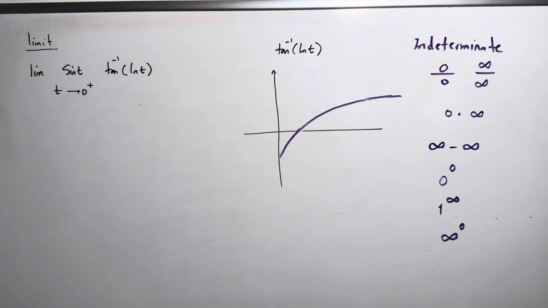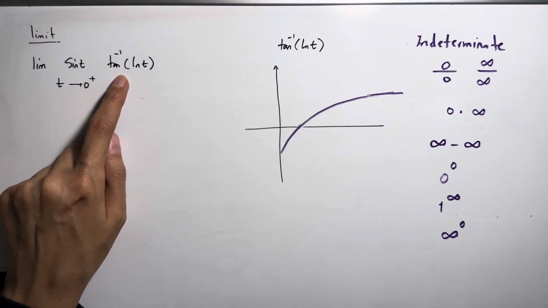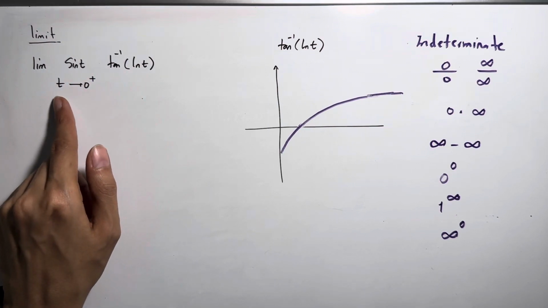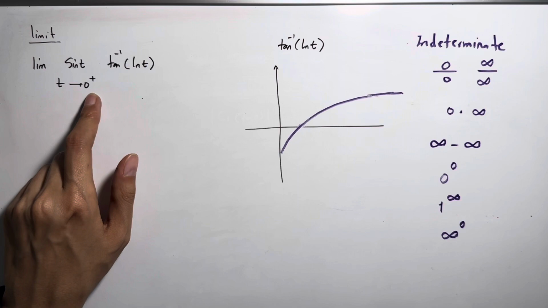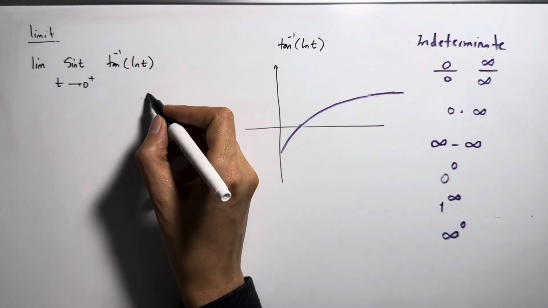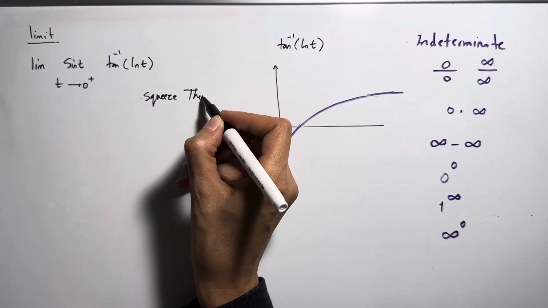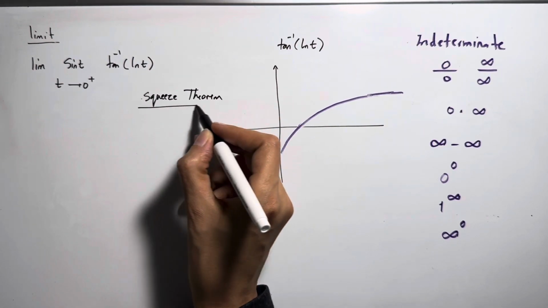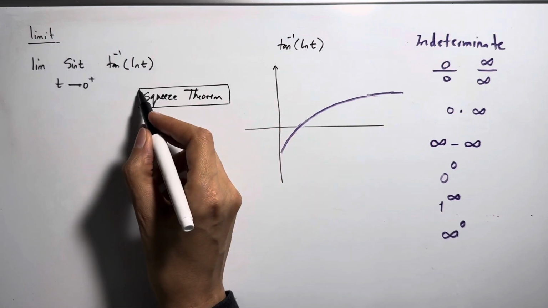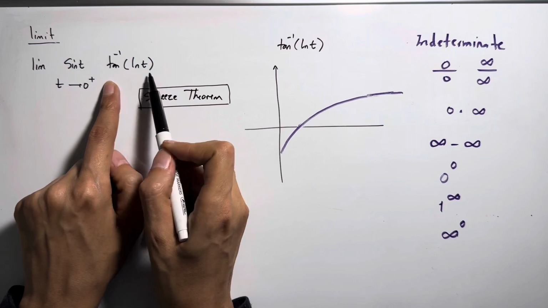Next limit is the limit of sine t times inverse tangent of ln of t as t approaches 0 from right hand side. We're going to apply squeeze theorem for inverse tangent of ln of t.